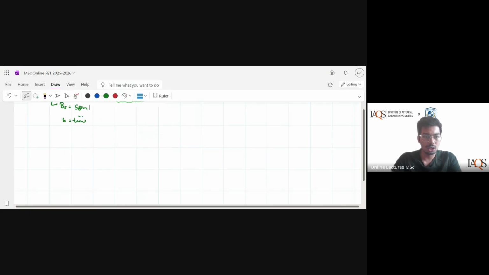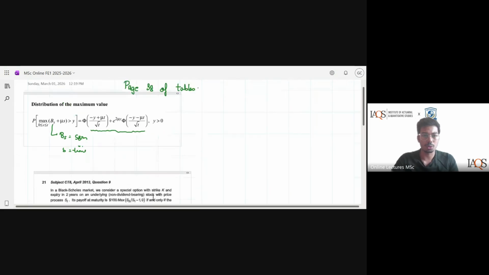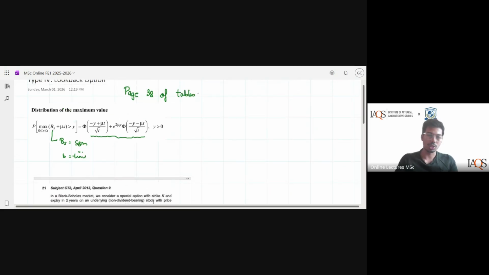If you all want, just note this equation down. That is what we'll use. Just remember Bs is standard Brownian motion and s is nothing but time. Let's solve that one question and it'll become clear where this equation fits.